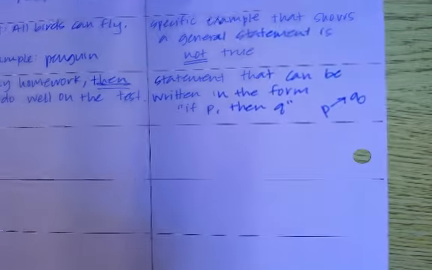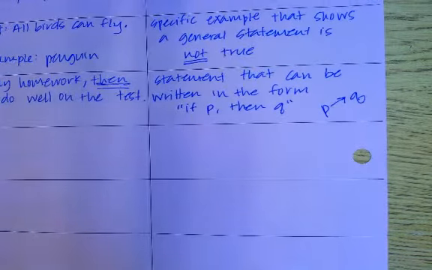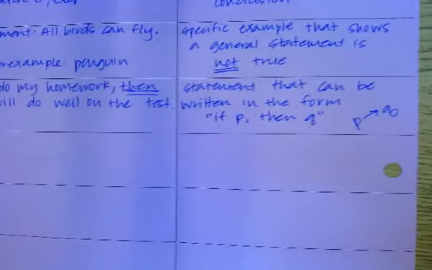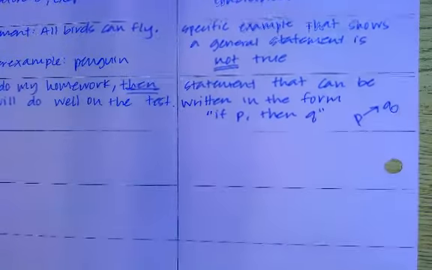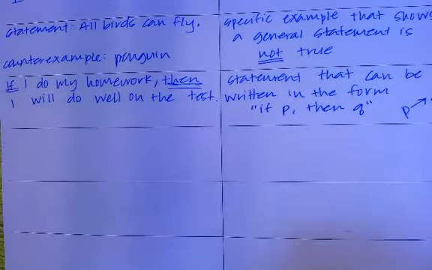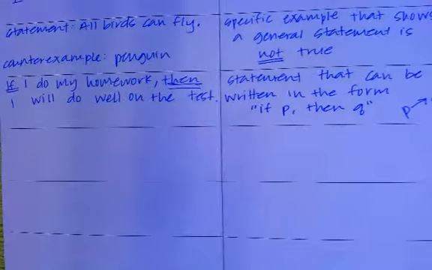Okay, the next one is the hypothesis. So you have a hypothesis and a conclusion inside of your conditional statement. A hypothesis and a conclusion. What do you think the hypothesis is? Should be a statement. If I do my homework. Okay, so the first part. Okay, so whatever follows the if. It's not if I do my homework. Okay, it's I do my homework. That's your hypothesis. So the P part.